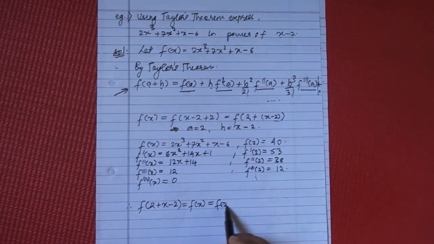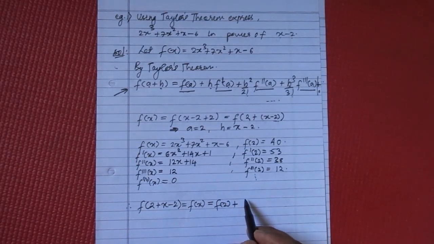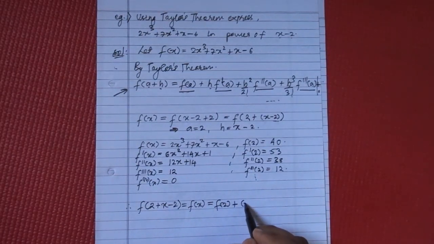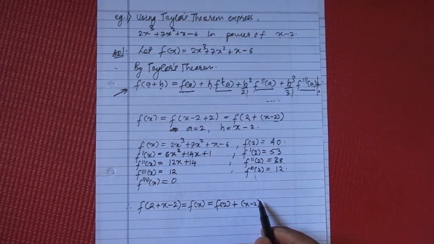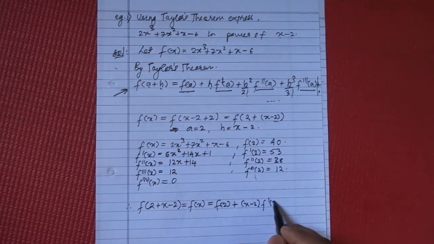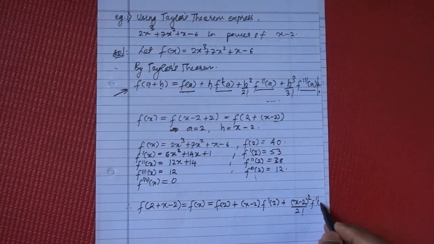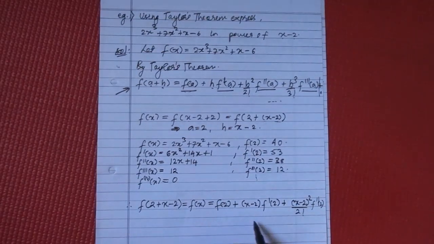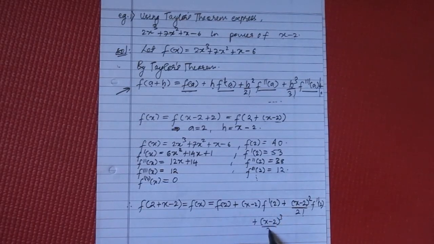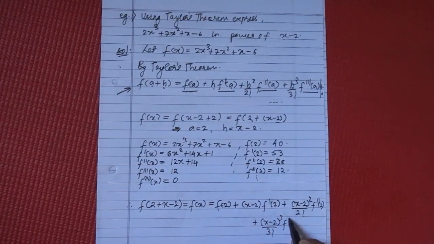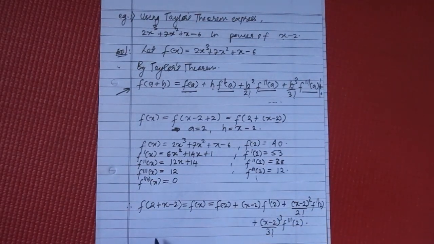F of a is f of 2 plus h. What is h? H is x minus 2, and f dash 2 plus x minus 2 square upon 2 factorial f double dash at 2 plus x minus 2 cube upon 3 factorial f third derivative at 2. Stop. Let's put the values.